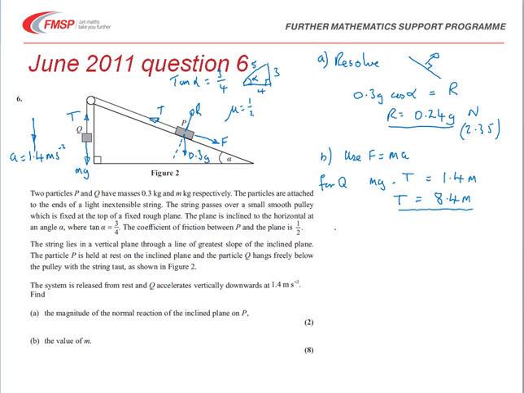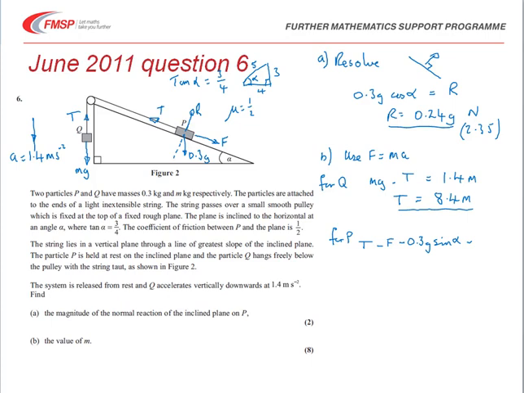Doing a similar thing for P, then we're looking up the plane this time, so we've got T acting up the plane, we've got F acting down the plane, and the component of the weight 0.3 g sine alpha also acting down the plane. So that's the combined forces, T minus F minus the component of the weight.